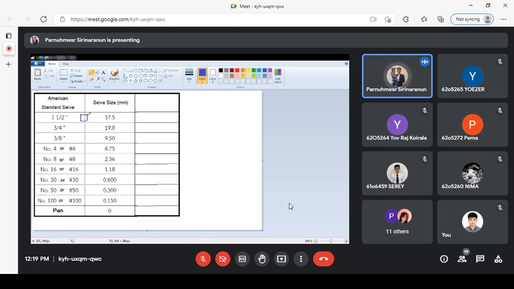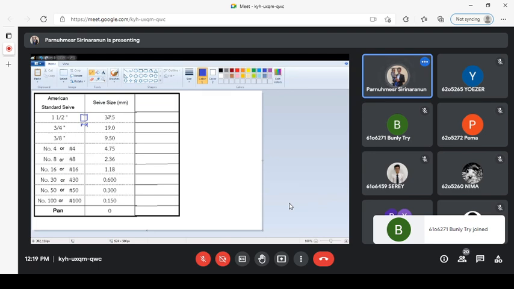The opening of the sieve is square. So the sieve size is told by only one dimension, something like this. For sieve number 1.5, this side is near 37.5.